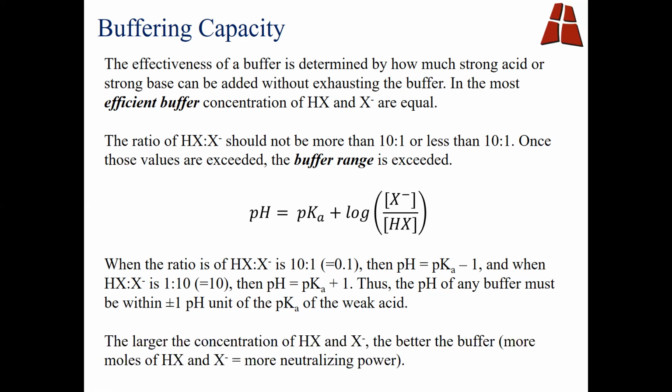Hopefully this also makes sense that the larger our concentration of our weak acid and our weak base, the better the buffer is, or at least the more neutralizing power that it has. Hopefully that makes some amount of sense just with basic stoichiometry considerations.